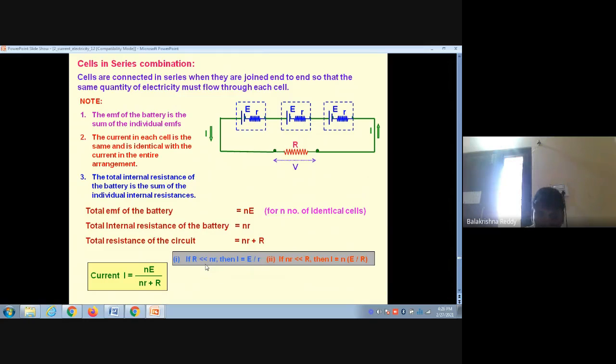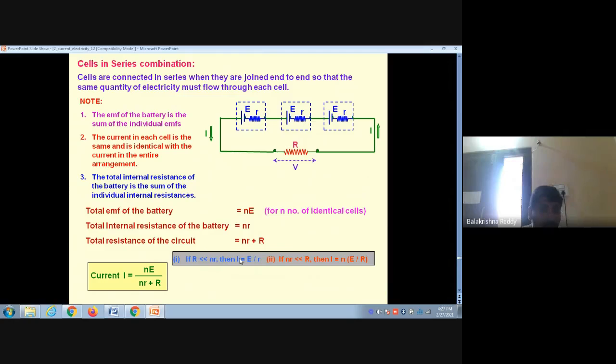Why? If capital R is neglected, since R is less than n into r, then we will forget about it and it gets cancelled. You are having E by r, the total current.